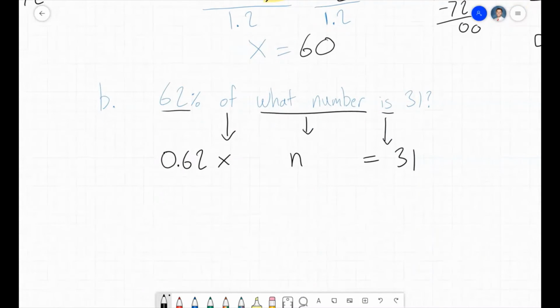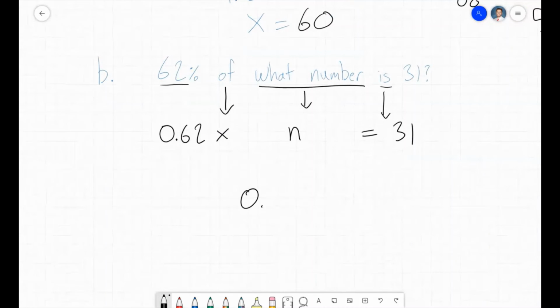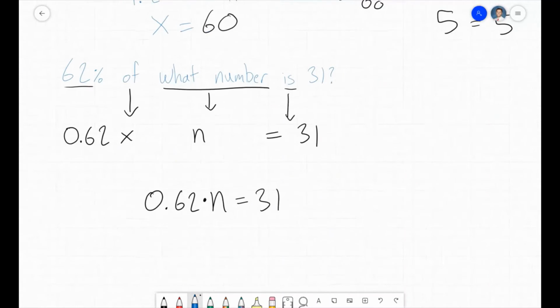So again, we'll go ahead and write this out. 0.62 times n equals 31. And again, we want to do the opposite here. We want to undo this multiplication. Just to reiterate, let me show you what I mean by that.